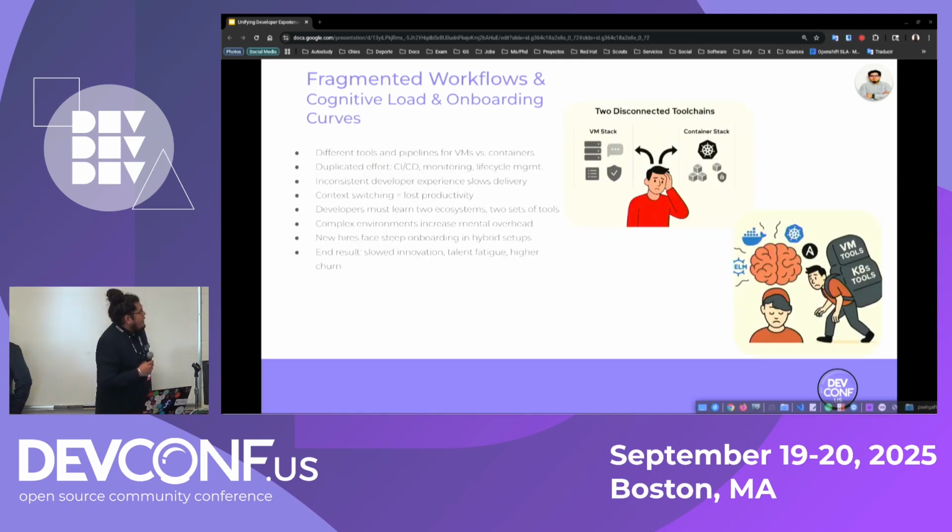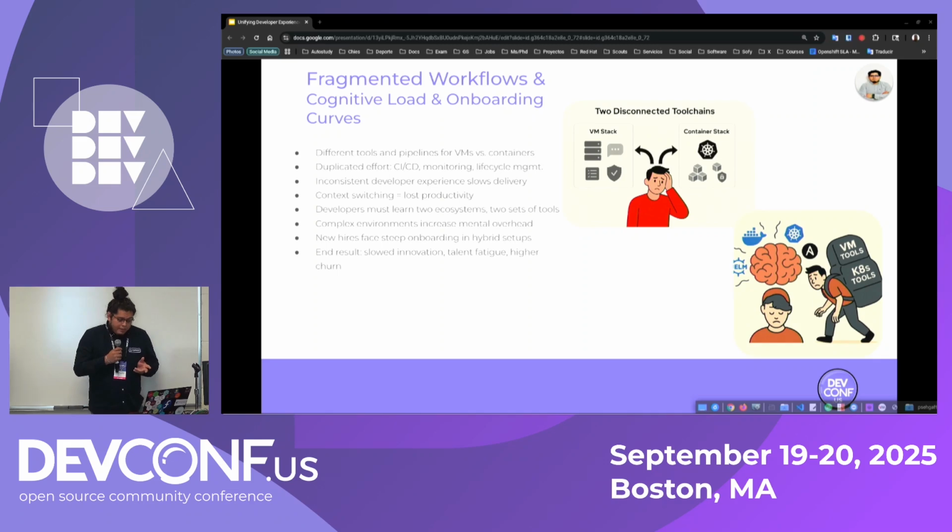Fragmented workflows, cognitive load, and onboarding curves. This challenge of hybrid reality quickly translates into fragmented workflows because VMs and containers evolve in parallel. Developers often end up with different tools and pipelines to manage their work. Think about how we duplicate effort across CI/CD systems, monitoring stacks, and lifecycle management.